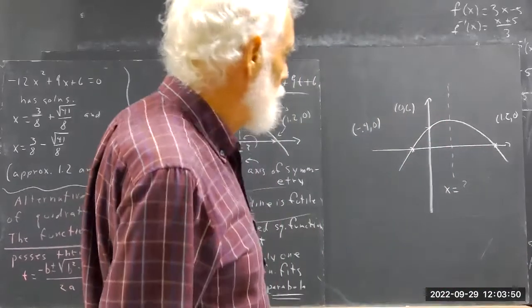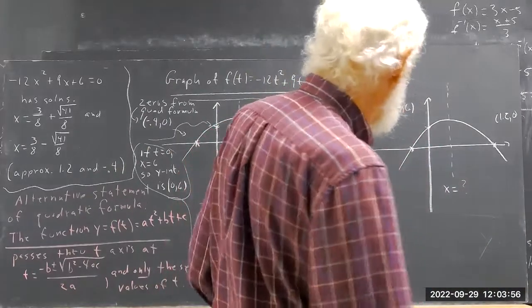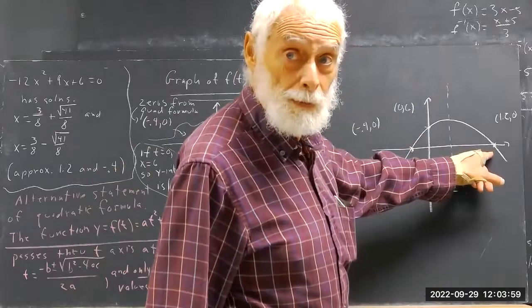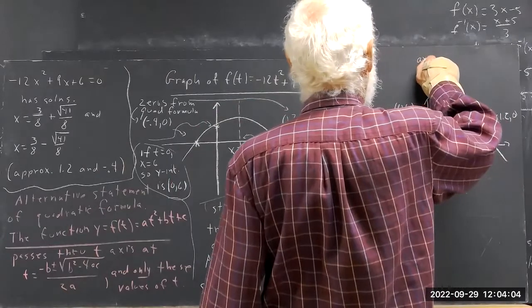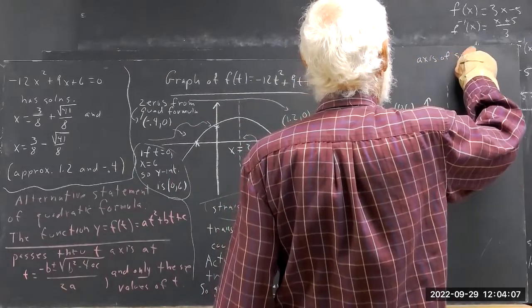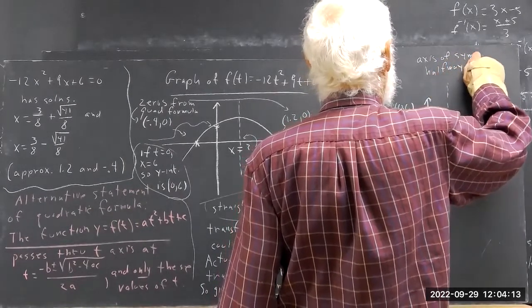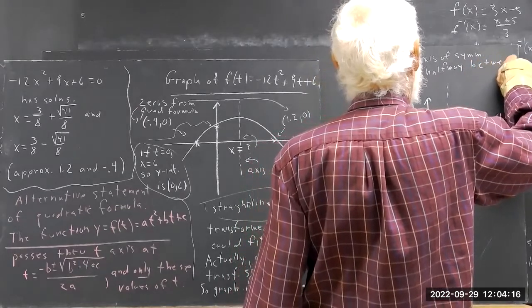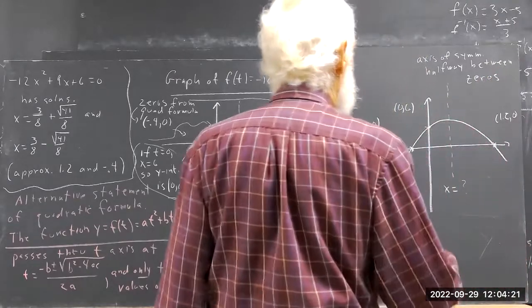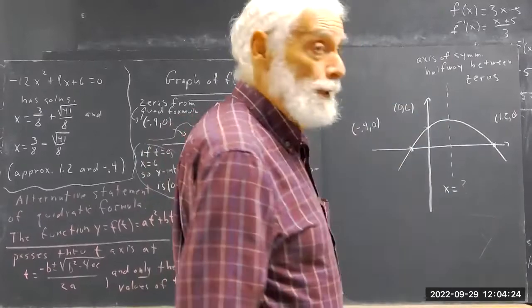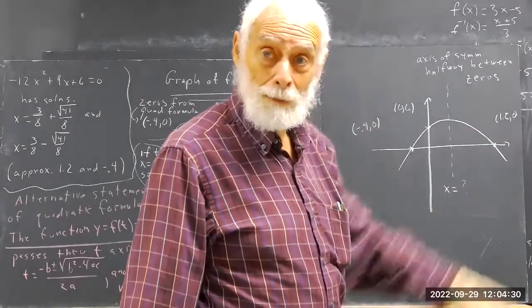Okay, so what's the x value here? Well, one of you said it. It's got to be halfway between these two points, and it's going to be symmetric, right? The axis of symmetry has to be halfway between the zeros, since they're at the same level, same y value.